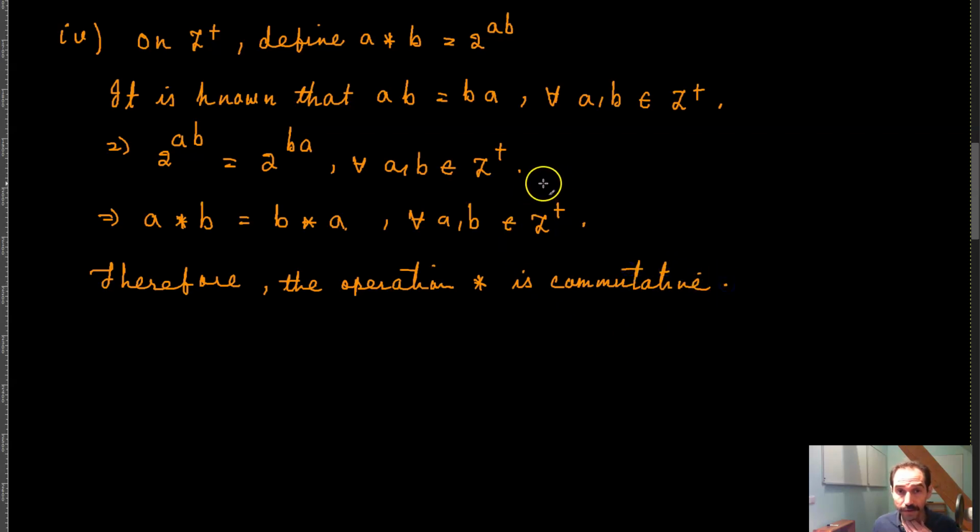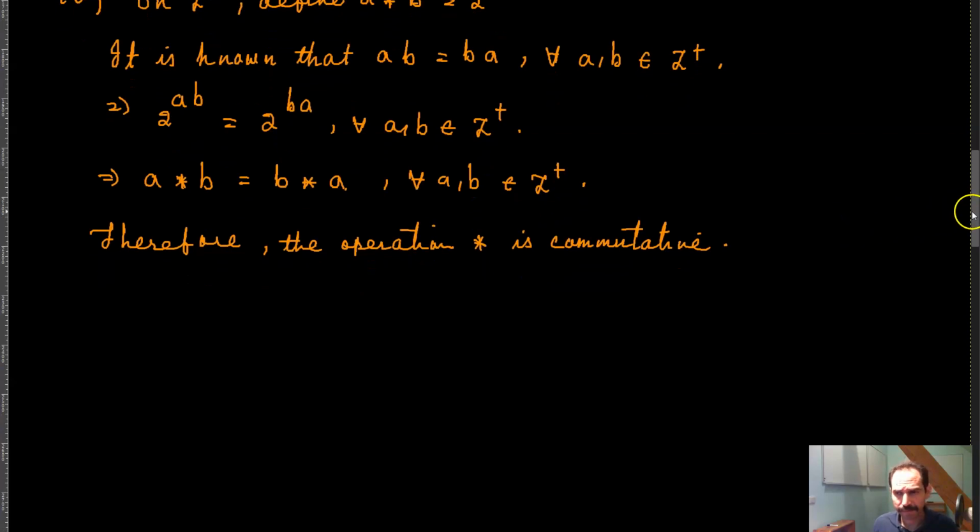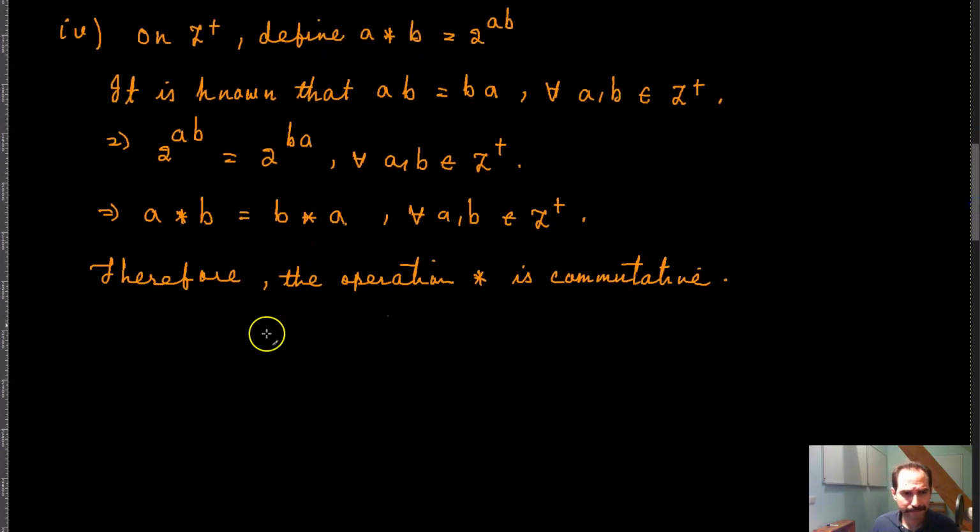Now about being associative, if I calculate A star B star C, what I will get is basically A star.